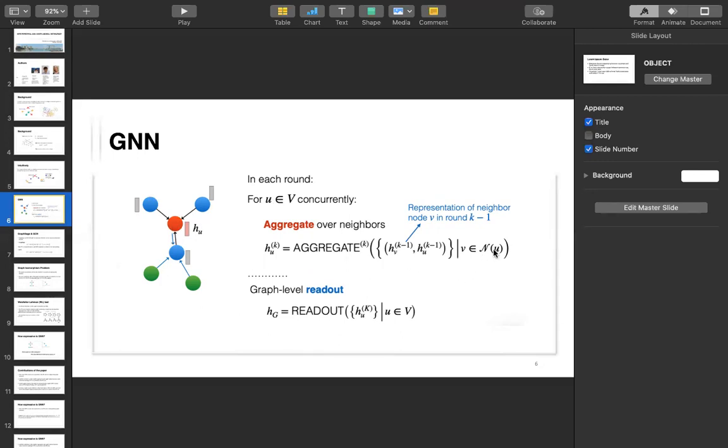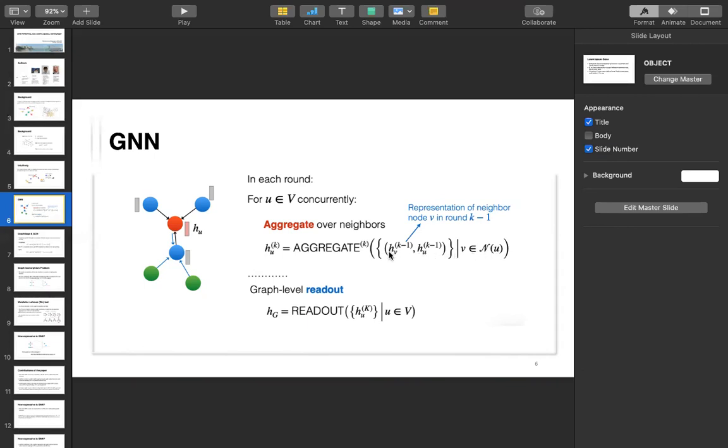Let's look at the last part here: V is the neighboring node of node U. So now we look at the node U, and V is its neighboring node.